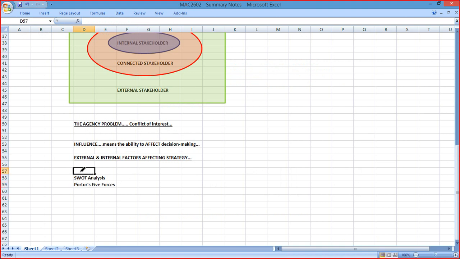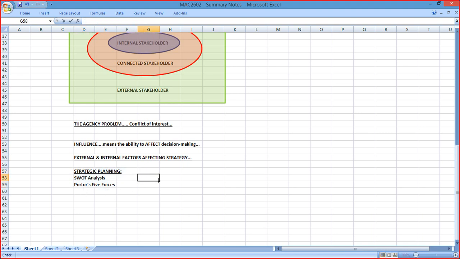Okay, so this is looking at strategic planning. Strategic planning is looking at SWOT and Porter's. Why do we need both? It's because it's information.